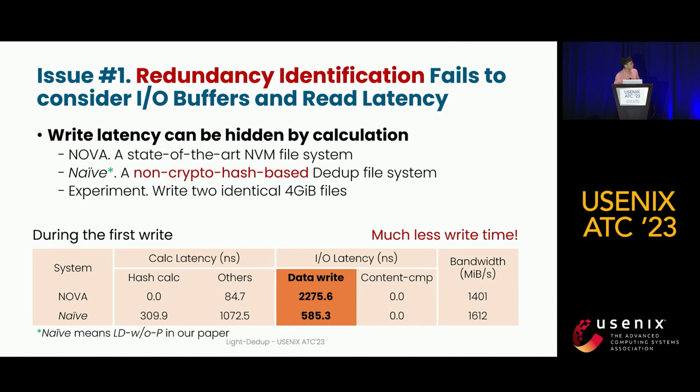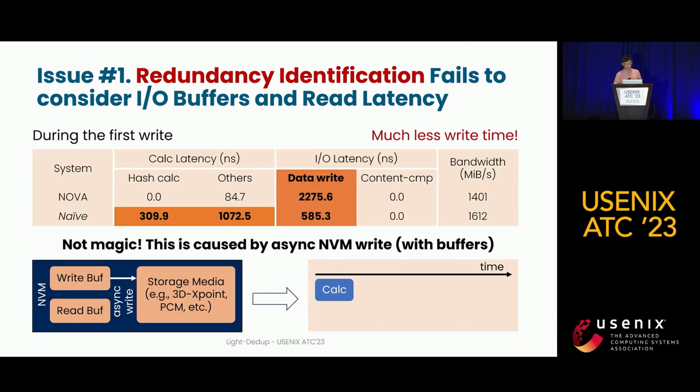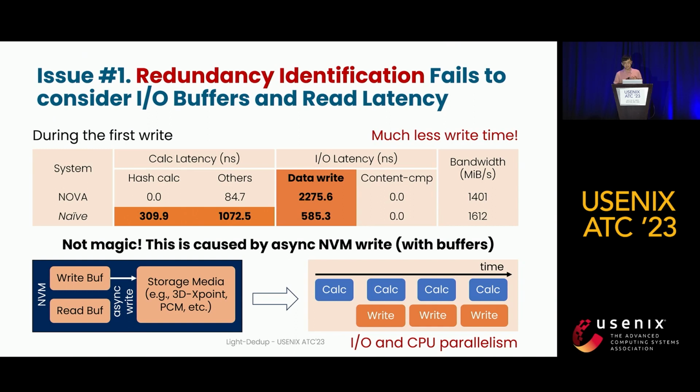This table shows the first write results. Surprisingly, naive incurs much less data write time compared to NOVA. This is not magic, since NVM's write is asynchronous, and write latency can be hidden by fingerprint calculation, which enables NVM I/O and CPU computation parallelism.